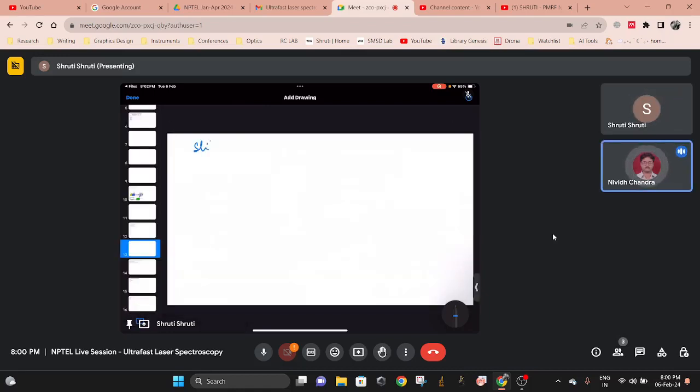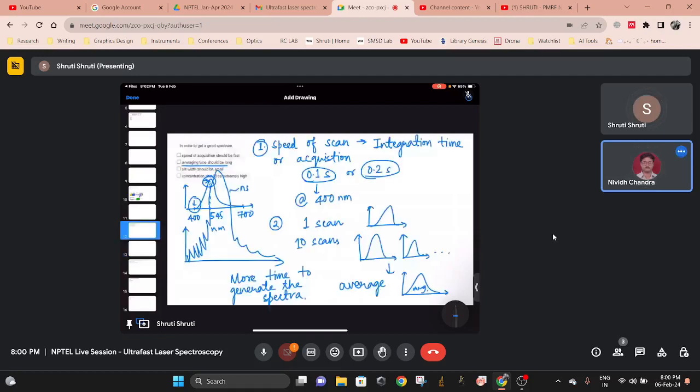I have a question. You mentioned two parameters: speed of acquisition and averaging. Which one will be better to spend time on? It actually depends on the sample, how emissive it is. Whenever we take emission spectra, we play with the parameters, keep one constant and change others to see at what parameters we are getting a good spectrum, so we can have less noise in the data.